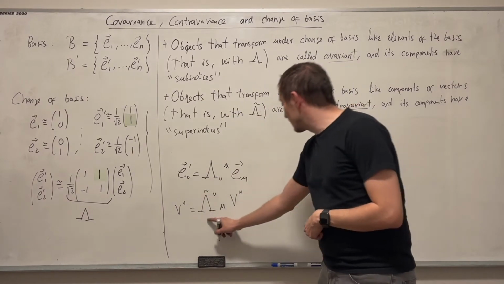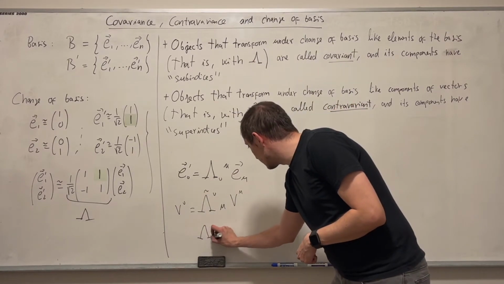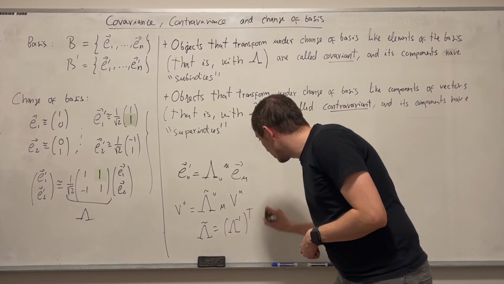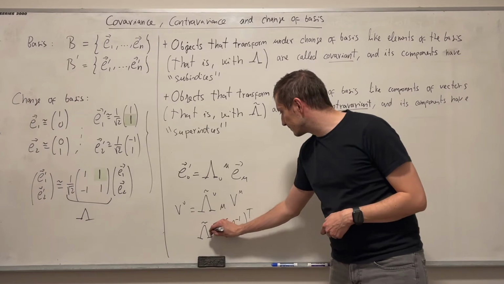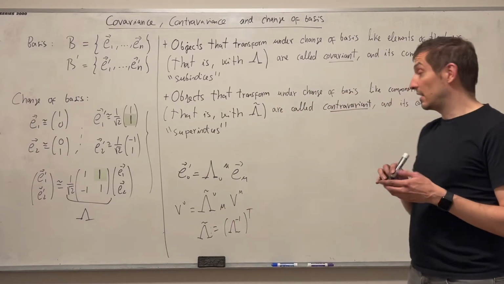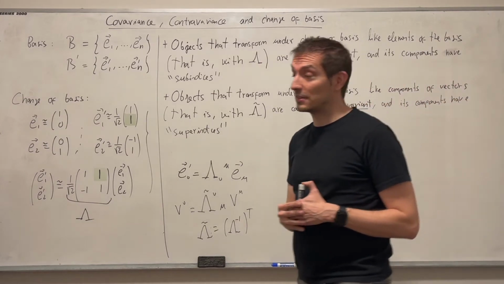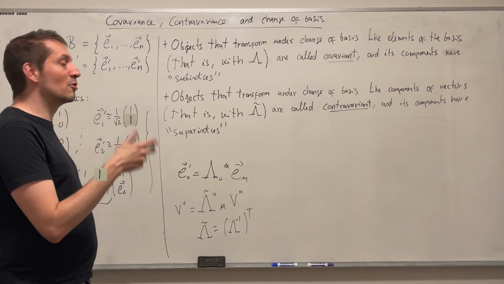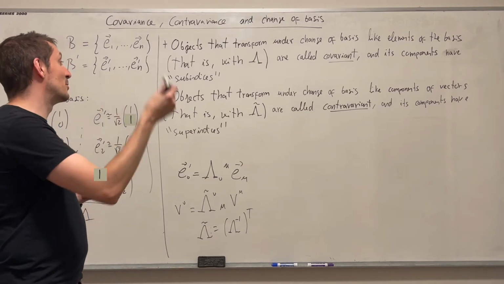Where lambda tilde, let me remind you, is the inverse transpose of lambda, okay? So objects that transform with lambda tilde, that is like components of vectors, are what we call contravariant. And the components of contravariant objects have superindices.